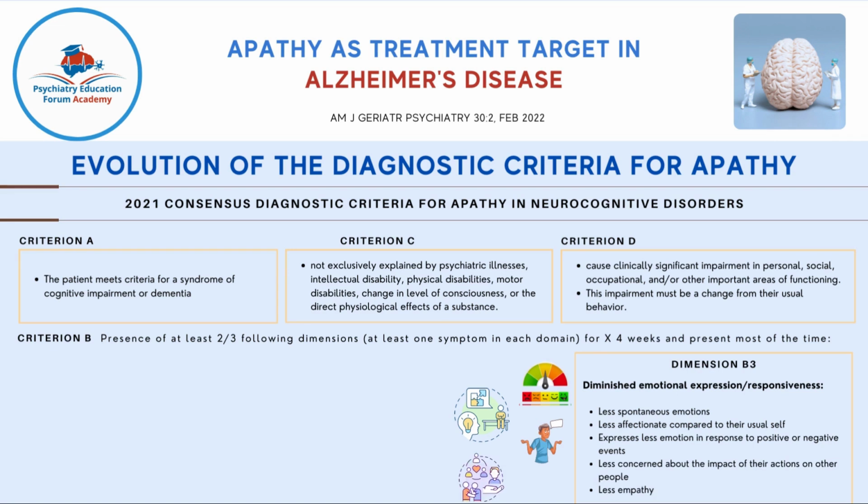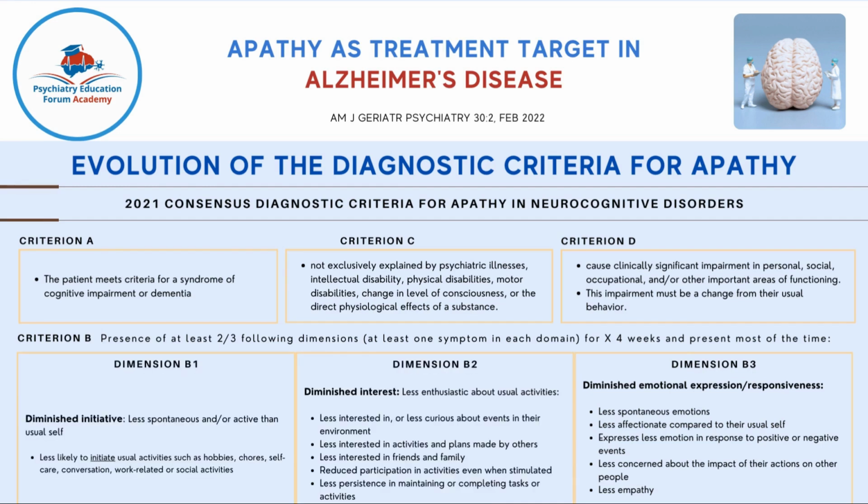And they have less empathy. Again, we talked about this before in 2008. It's all there, but they have combined them in different dimensions. So again, I will summarize the three dimensions: first is diminished initiative, second is diminished interest, and third is diminished emotional expression or responsiveness.